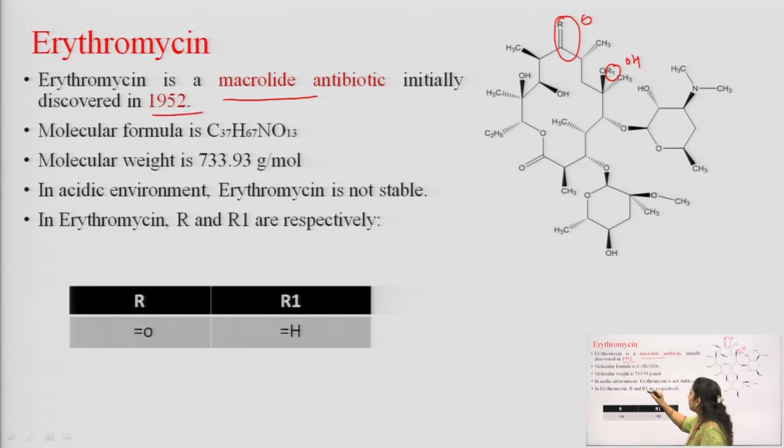Its molecular formula is C37H69NO13 and molecular weight is 733.93 gram per mole. As we discussed earlier, in the acidic environment erythromycin is not stable.